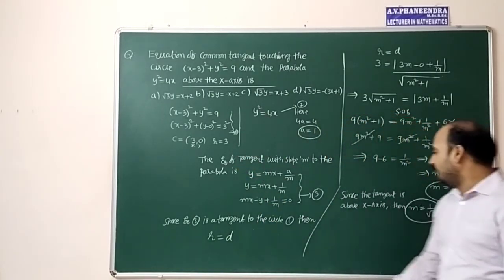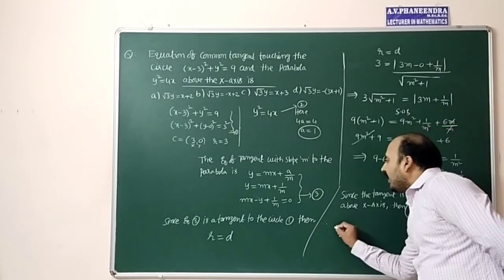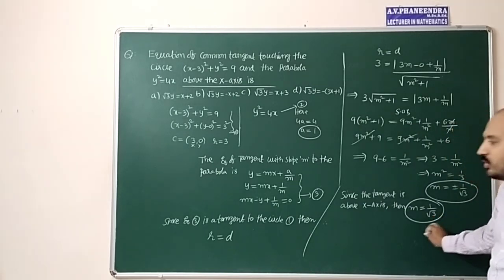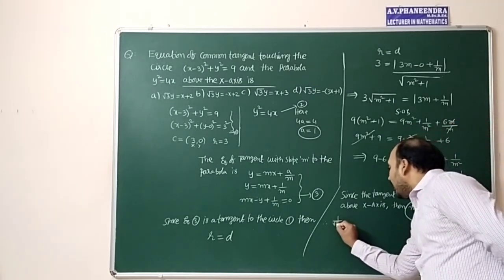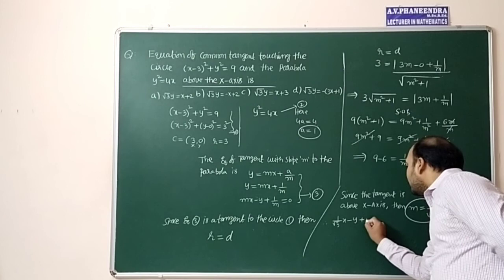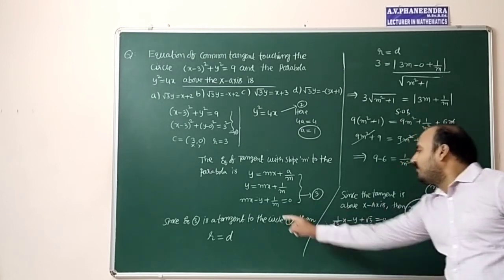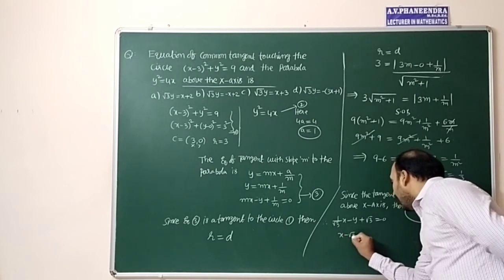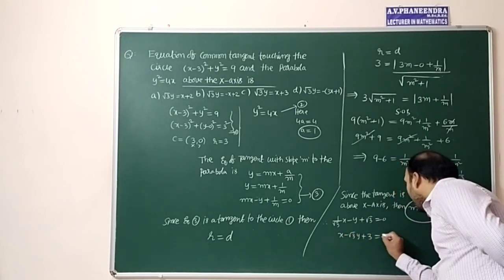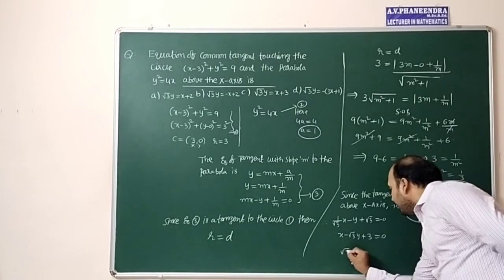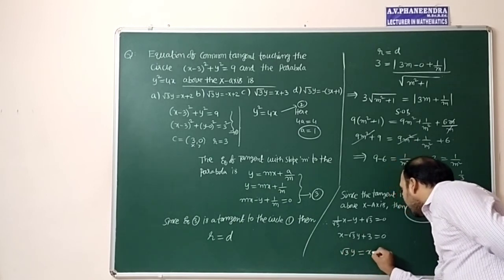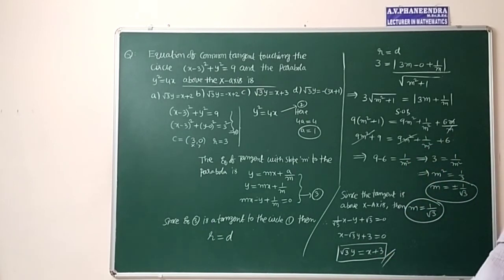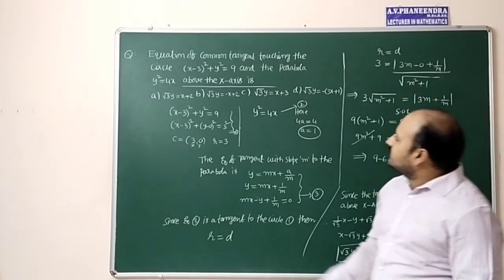So the equation of the tangent: wherever m is there in this equation, replace it with 1 by root 3. 1 by root 3 into x minus y plus root 3, because the reciprocal of m is root 3. Taking LCM, x minus root 3y plus 3 equal to 0. Minus root 3y we can take this side. Root 3y is equal to x plus 3, which is the required common tangent to the parabola as well as the circle. Root 3y equal to x plus 3 is there in the third option.